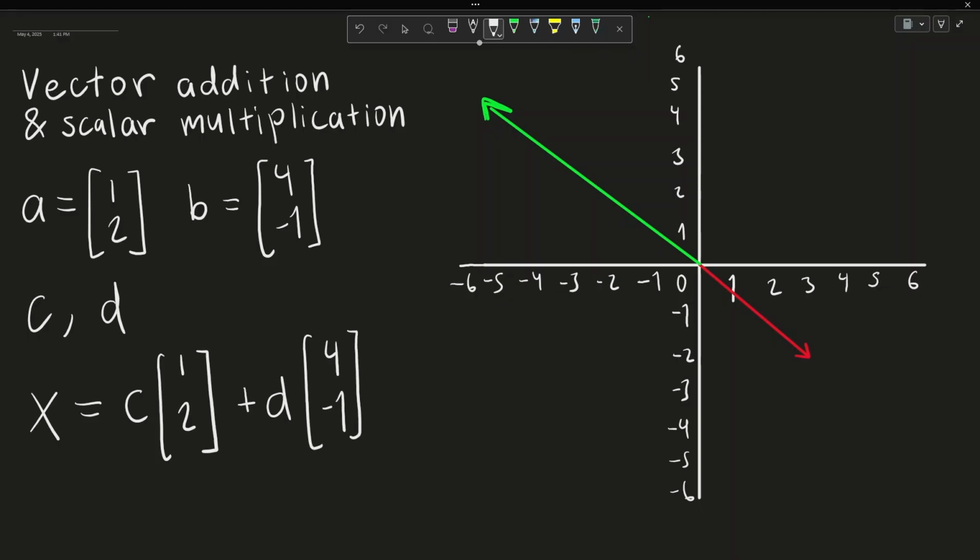And so what happens is that you can find any value for c and d and multiply it by these two vectors, and you'll be able to get any value x.